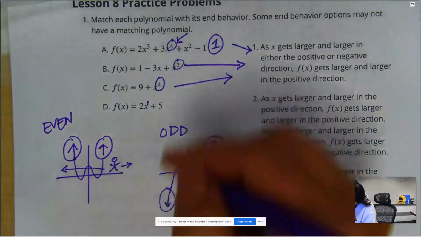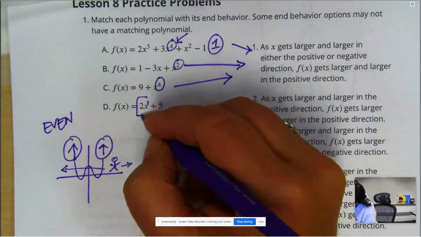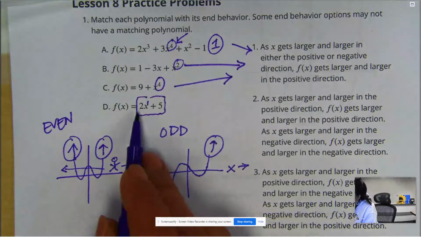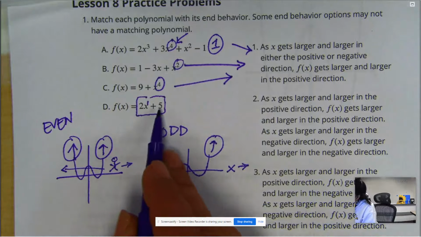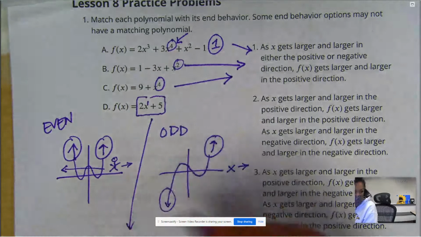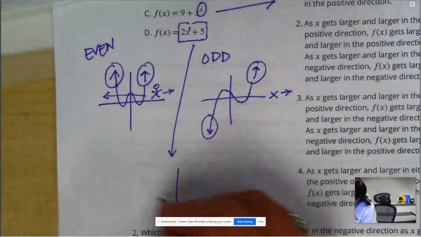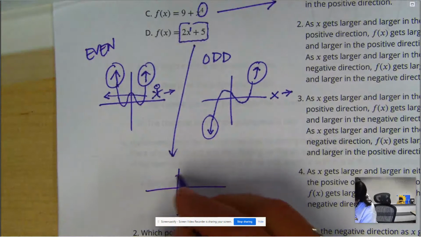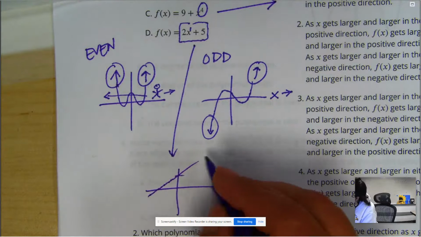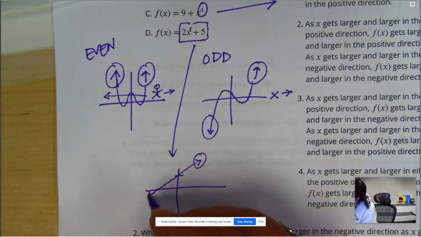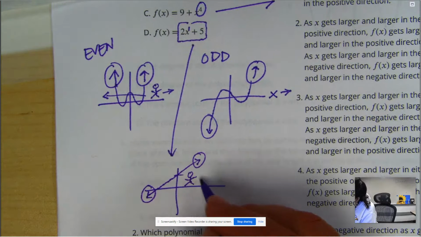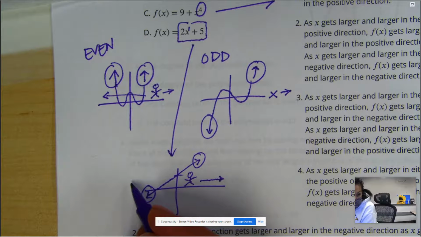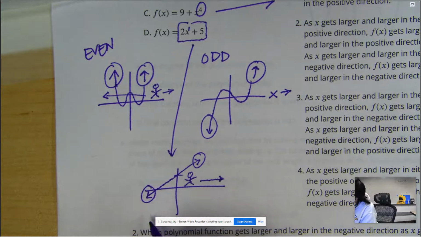All right, letter D is an odd, and hopefully you might remember that's just a line, right? y equals mx plus b. I'm just going to show you what that picture would look like down here. With a slope of positive 5, the line would be going like that. See how the ends are going in opposite directions? So as x gets bigger and bigger in the positive direction, my graph is getting bigger and bigger in the positive. But as x gets bigger and bigger in the negative direction, my answers are getting bigger and bigger in the negative.